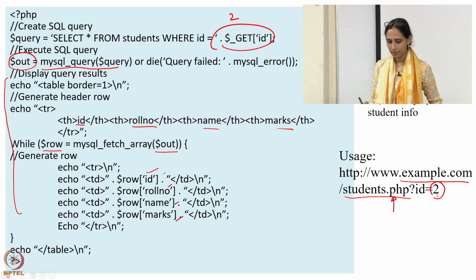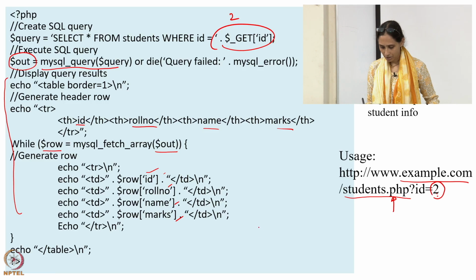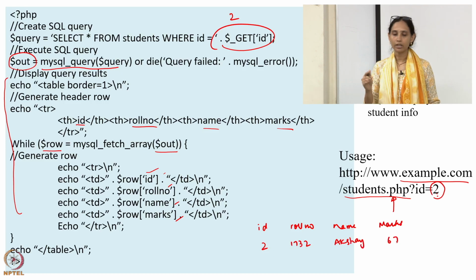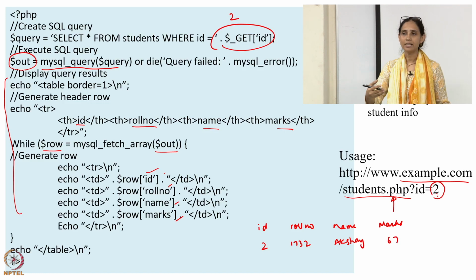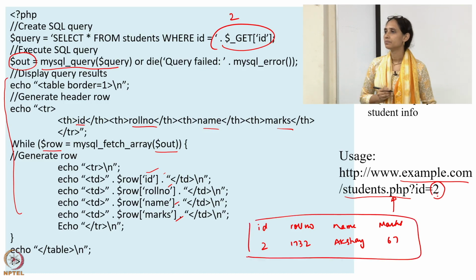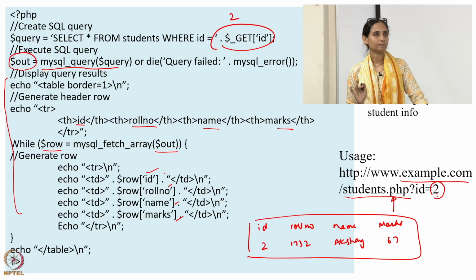So, basically it will have something like ID, roll number, name, marks, and if this ID is 2, roll number is 173 whatever, name is Akshay, marks is 67. This is what gets displayed, as in it is constructing the HTML like this, and this will get sent back to the user who typed this. So, he basically will see this in the browser. Is it clear what has happened so far?